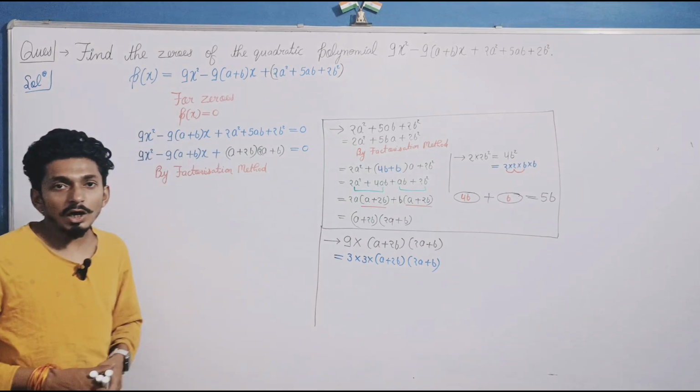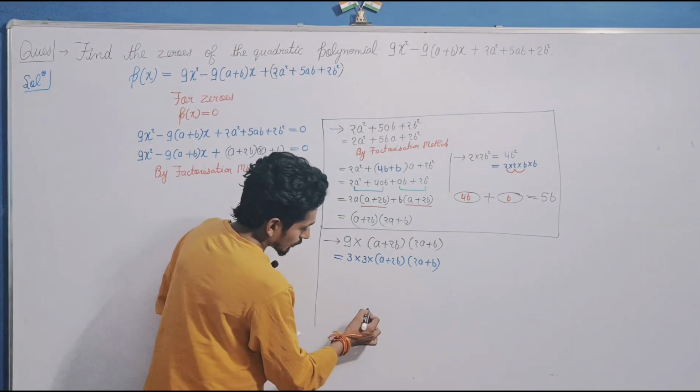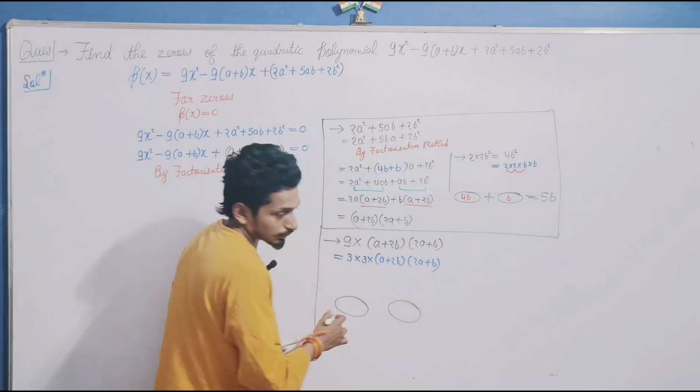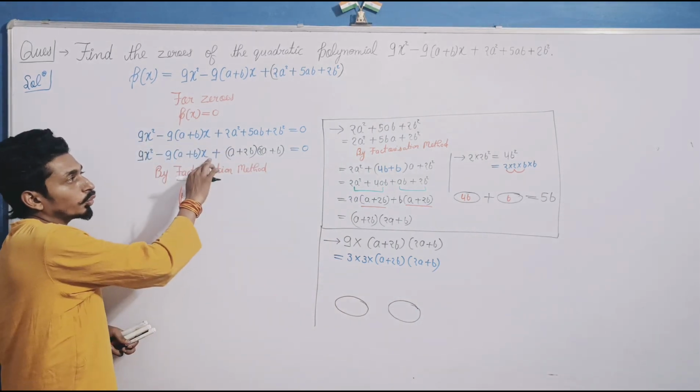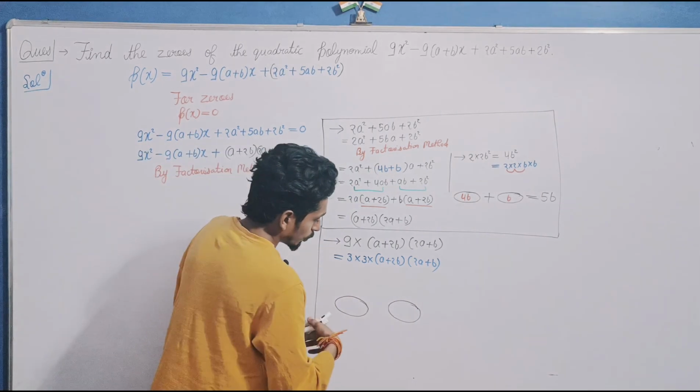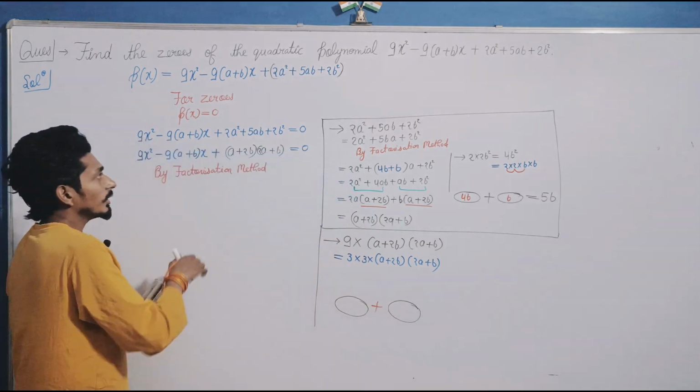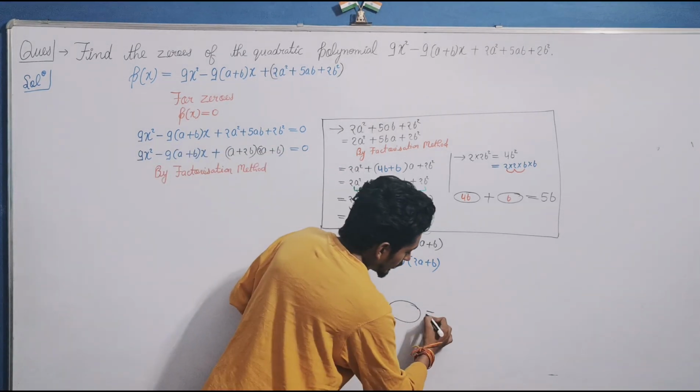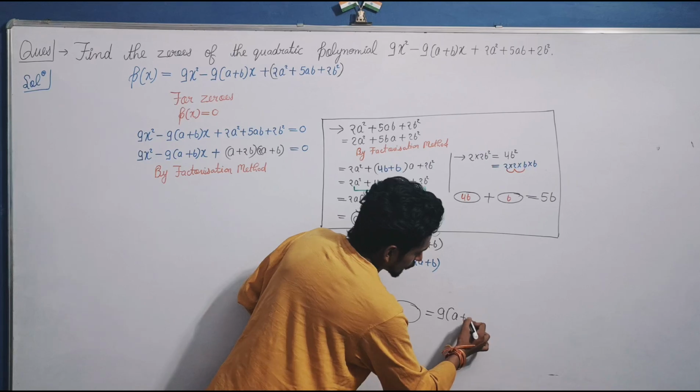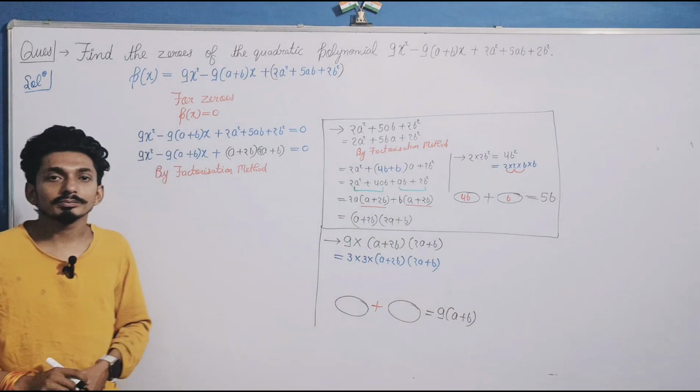9 can be written as 3 into 3 into (a plus 2b) into (2a plus b). Yes or no? Now we want to write two pairs whose addition gives 9 into (a plus b). Yes or no?